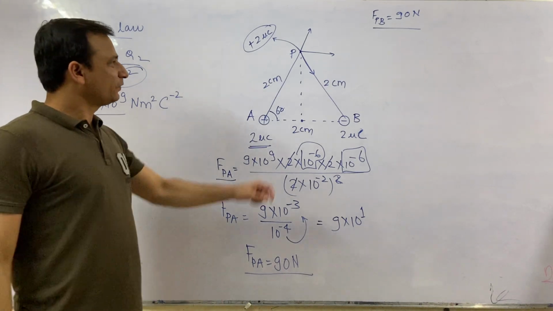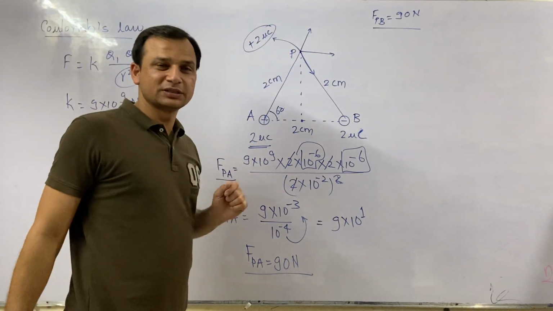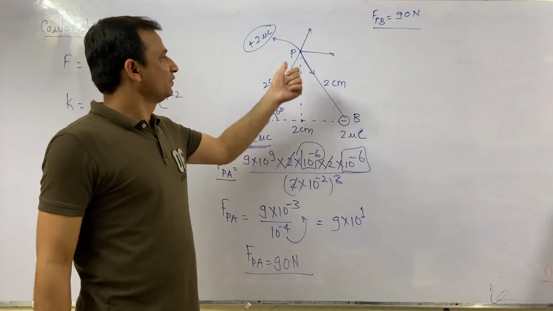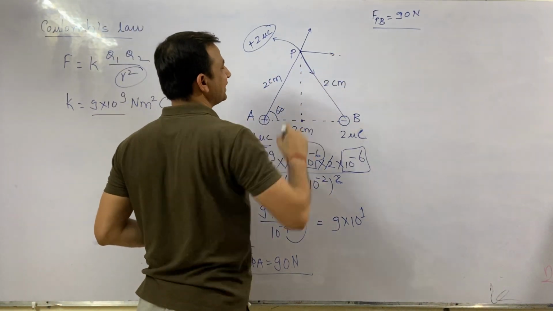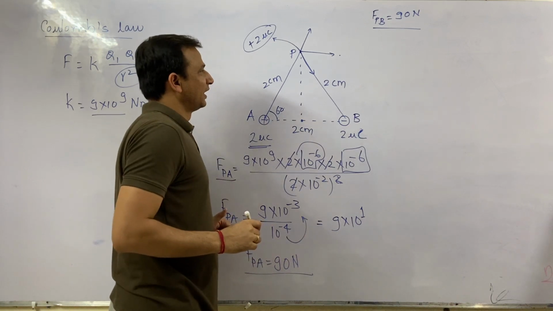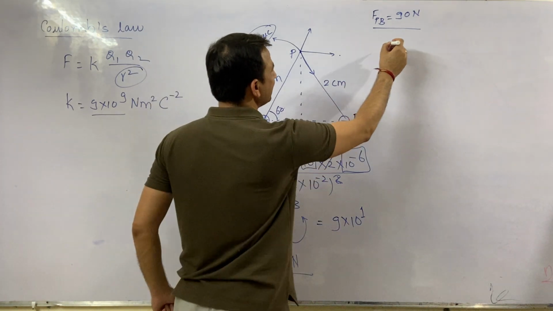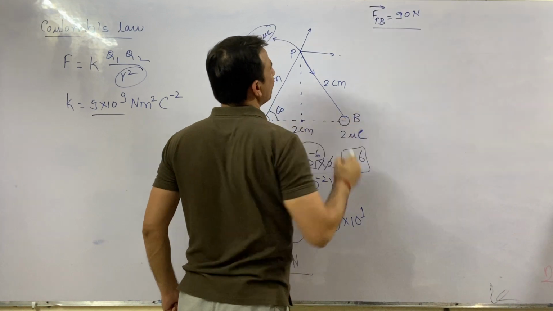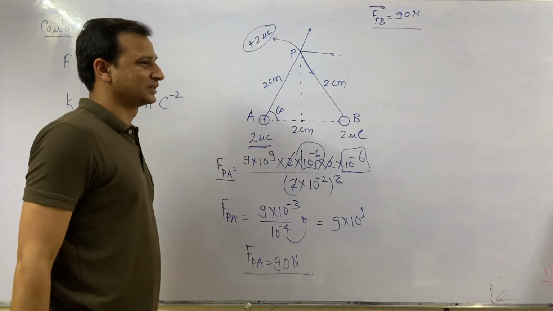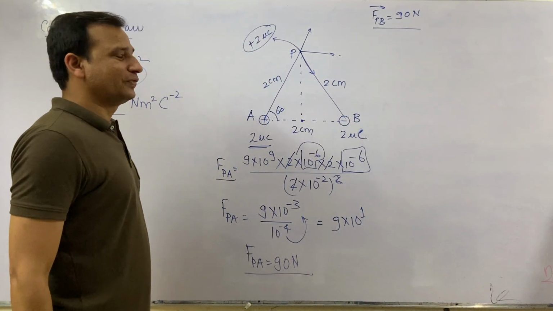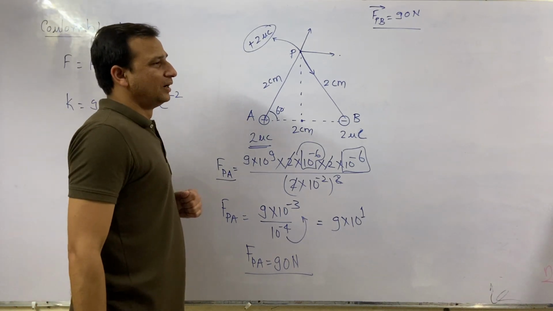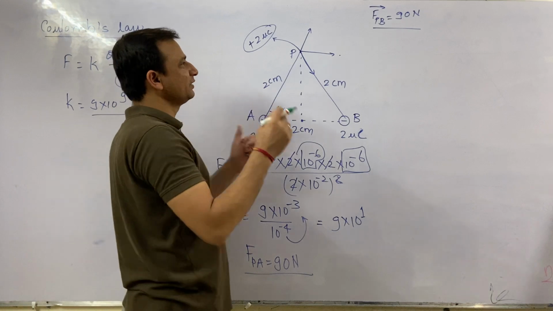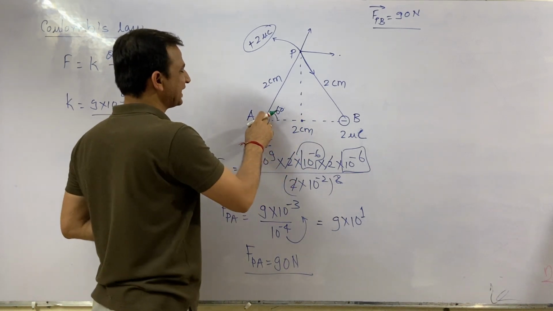Now, what would be the direction of force and what would be the magnitude of force? The direction of force is towards the right side, and the magnitude of force we can find by adding these two vectors. To find the magnitude we need to know the angle.